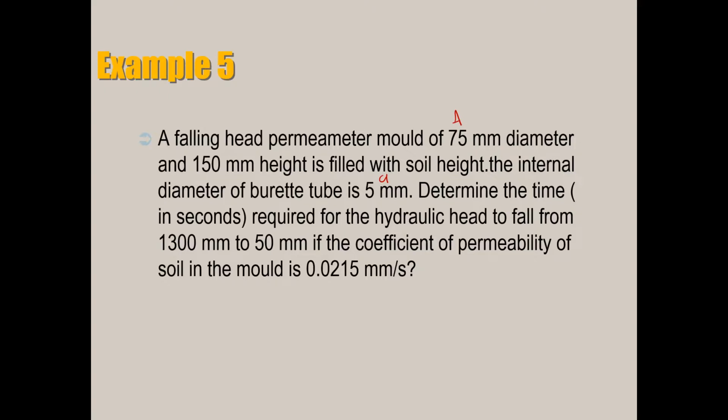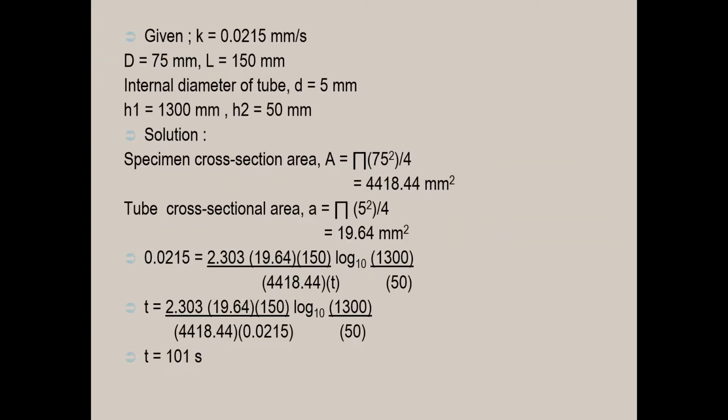Determine the time in seconds, so it's asking you to find T. The hydraulic head falls from 1300 to 50 mm, so the difference in head is 1250. The coefficient of permeability is 0.0215. Everything is given, but you have to find T, so you have to rearrange the equation. Please do it and check whether your answer is correct.